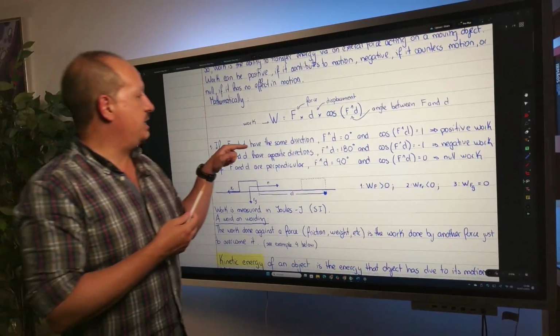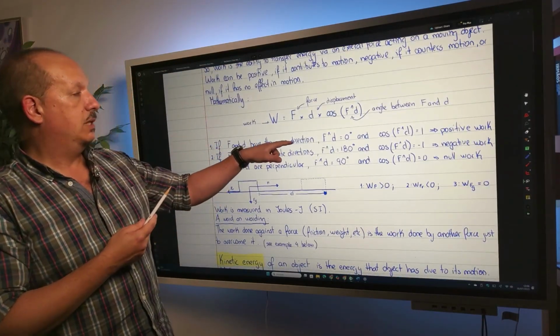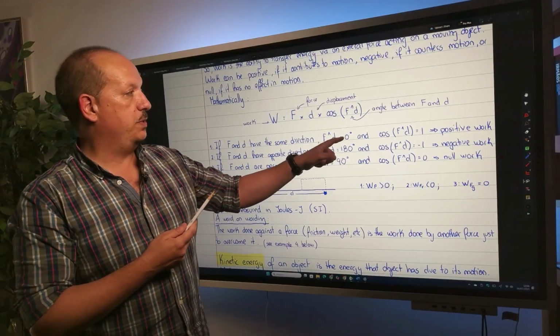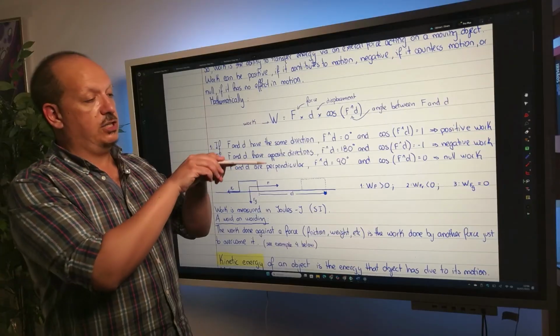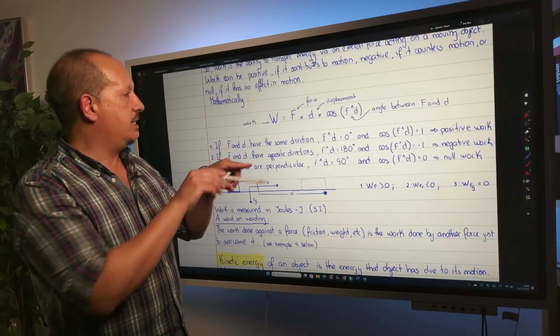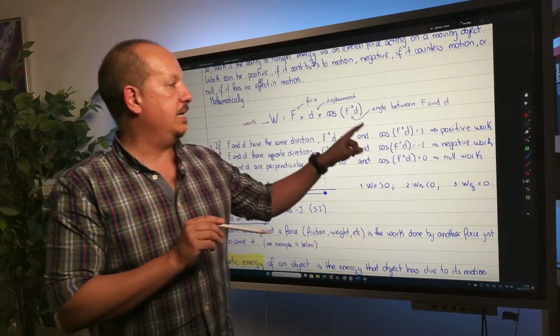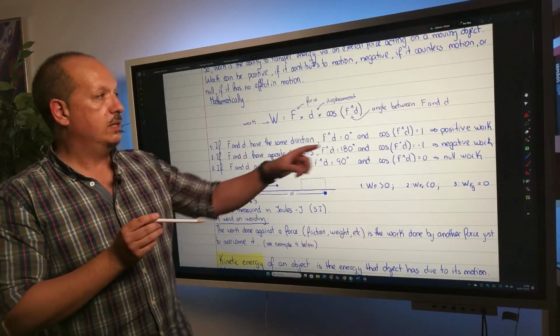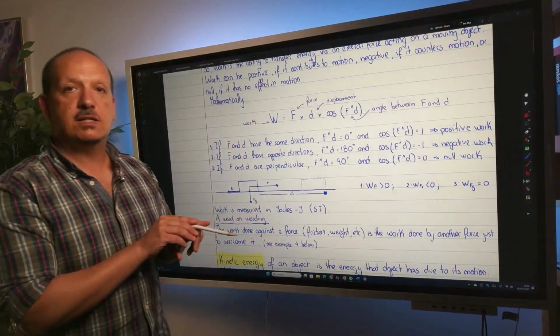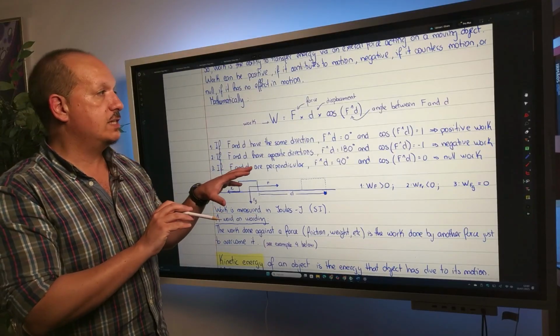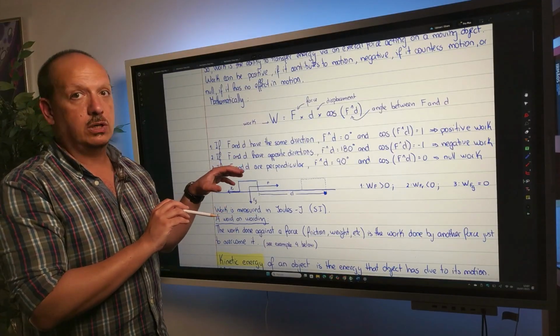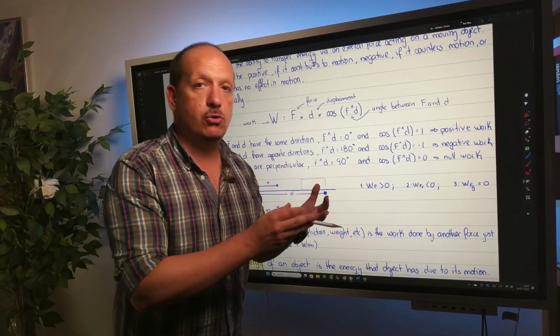If F and D have the same direction, then this angle is going to be 0, right? The angle being 0 means that the cosine of 0 is 1, so the work is going to be positive. Positive work means that the force corresponding to that work is going to contribute to the motion.